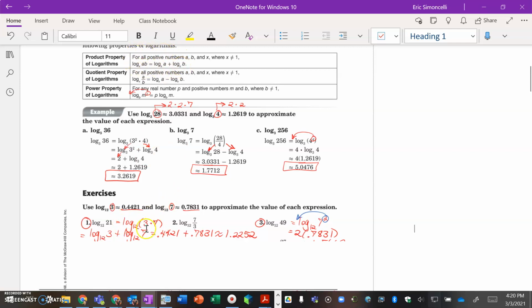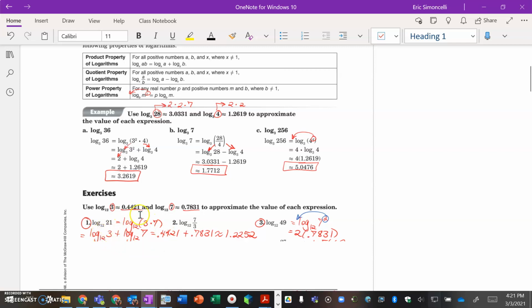Now what we're going to do is the expansion, so to speak, and that's really what this is, expansion of a singular log using the product property, where we're going to be adding. So instead of log base 12 of 3 times 7, it splits into log base 12 of 3 plus log base 12 of 7. That is the expansion of those two logs from the original singular log.